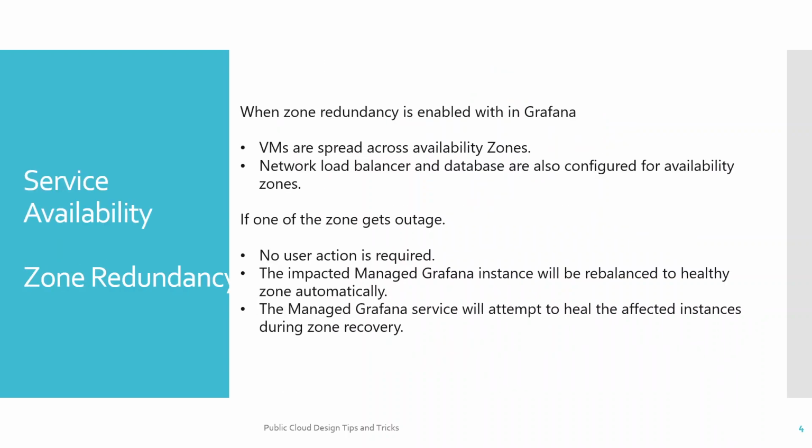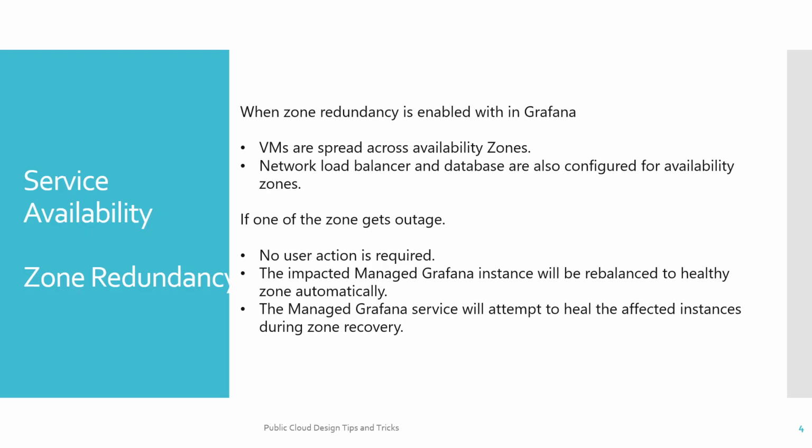Now coming to the zone redundancy part. When zone redundancy is enabled with Grafana, then VMs are spread across availability zones, which is the fundamental of zone redundancy, and the load balancer and database are also configured for the availability zones.